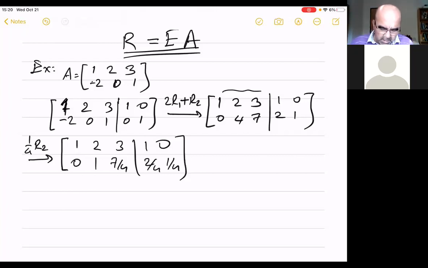And multiply the second row by -2 and add it to the first row. Our aim is to make this entry 0 so that we have a row reduced echelon matrix. This one and that one are leading entries. So the second row is the same.